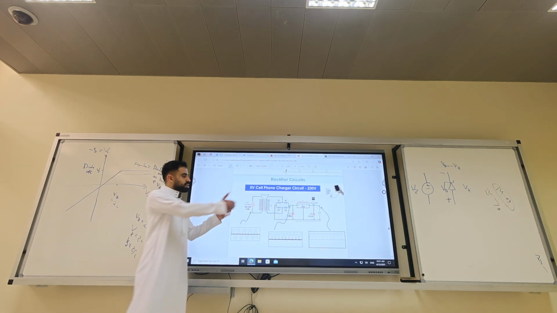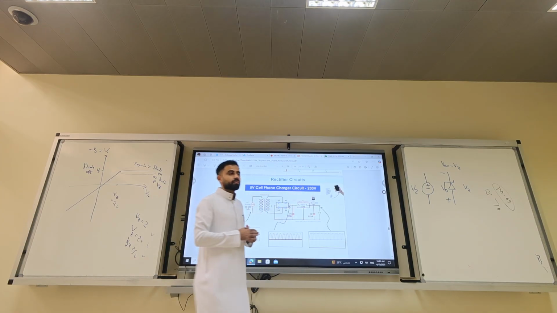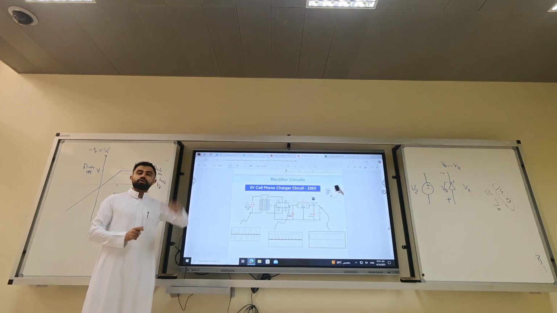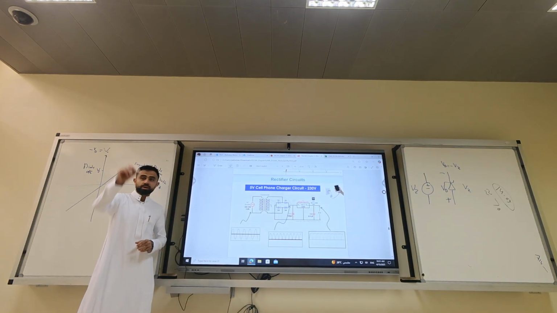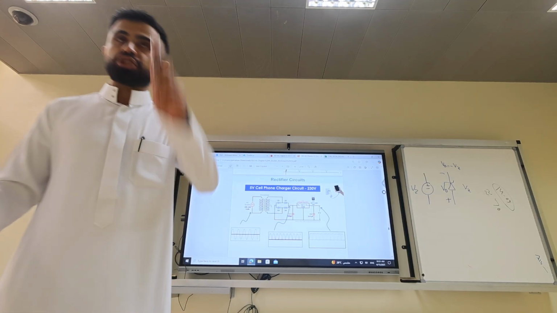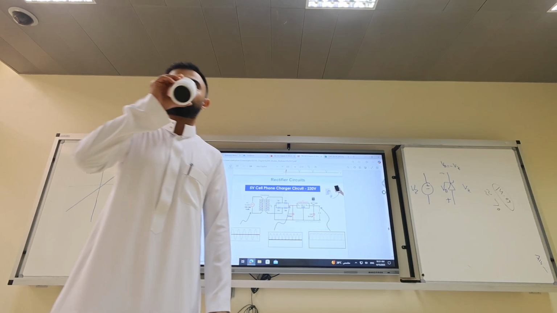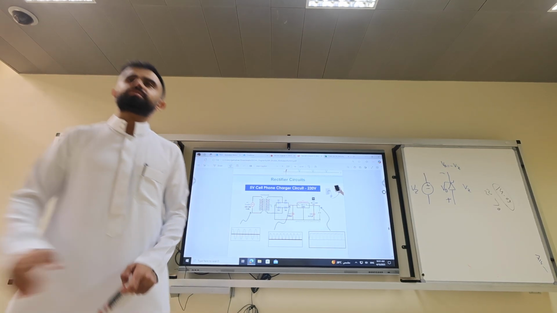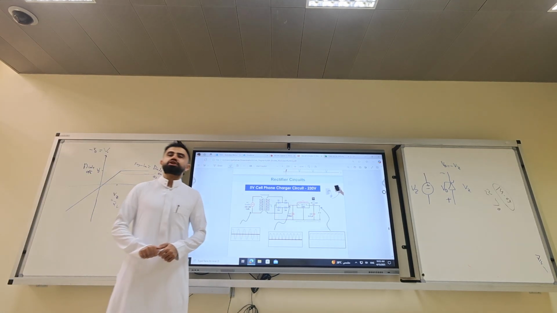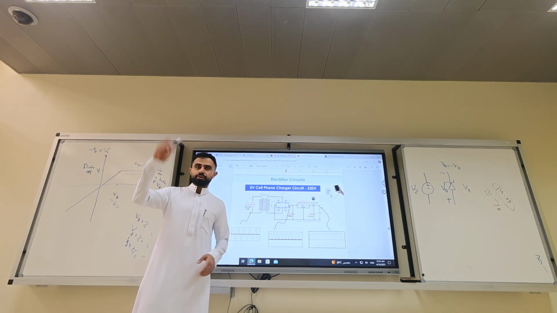This is the circuit of a mobile phone charger. Do you remember the transformer? What was the purpose of the transformer? To change the voltage levels, either up or down.